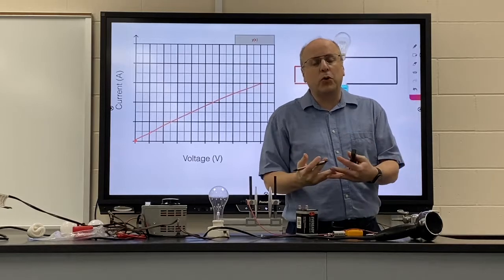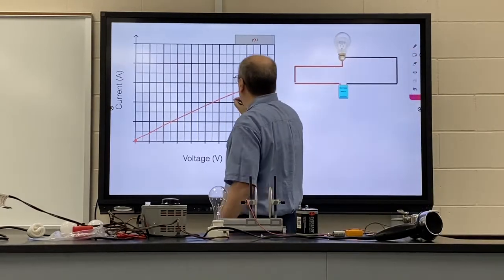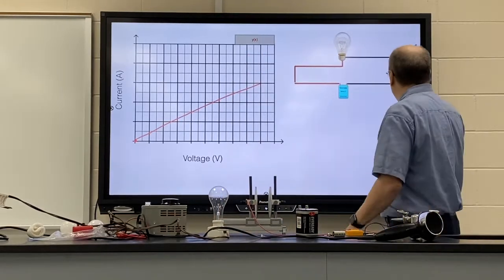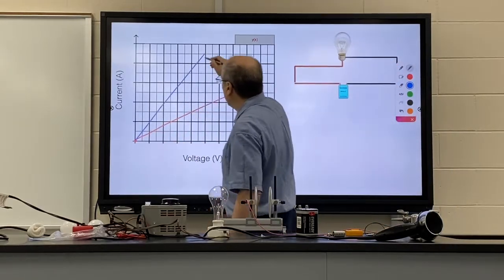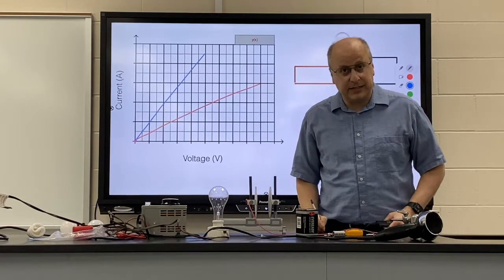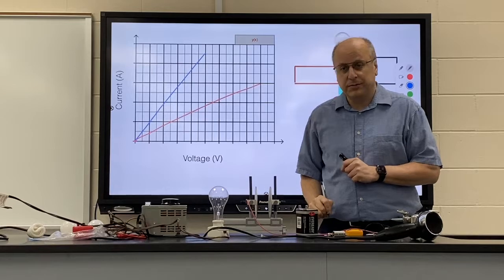The slope of this graph will be determined by the resistance. If I have two different slopes, the steeper slope is the one with less resistance. I will get more current for the same voltage.